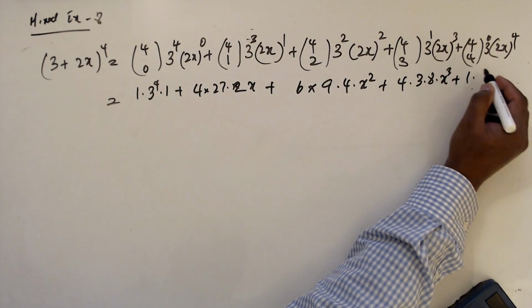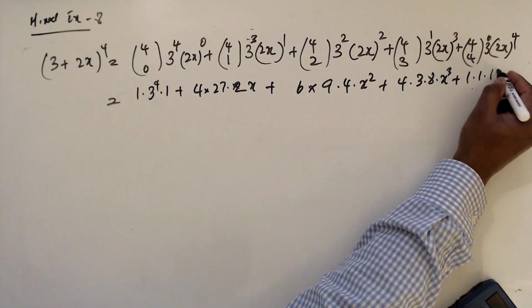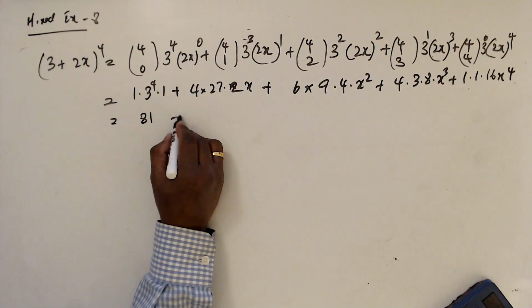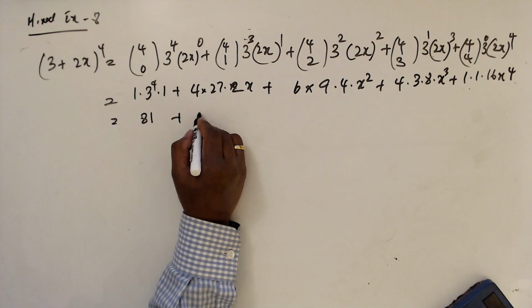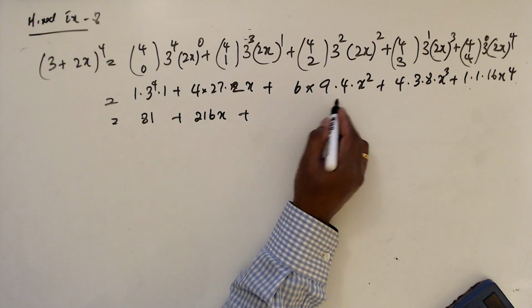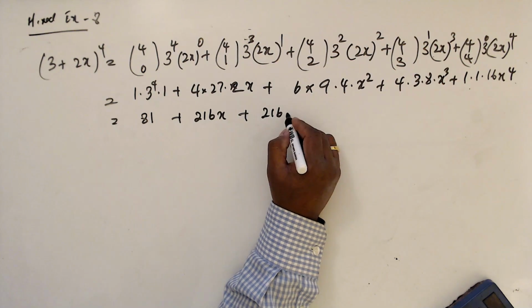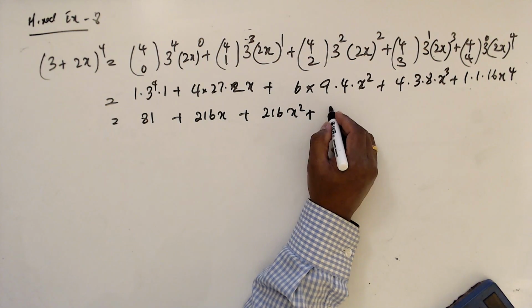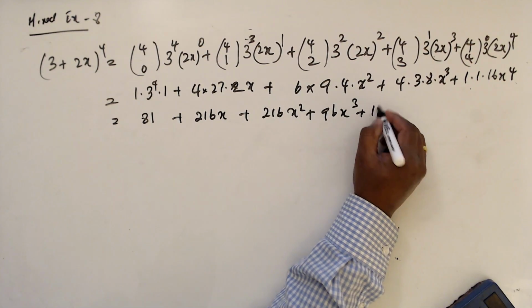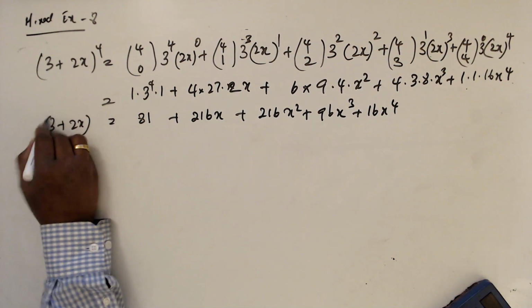This is again 1 and 1, and 2 to the power 4, 16x to the 4. So this is going to be 81 plus 216x plus 216x squared plus 96x cubed plus 16x to the 4. So this is 3 plus 2x to the power 4.